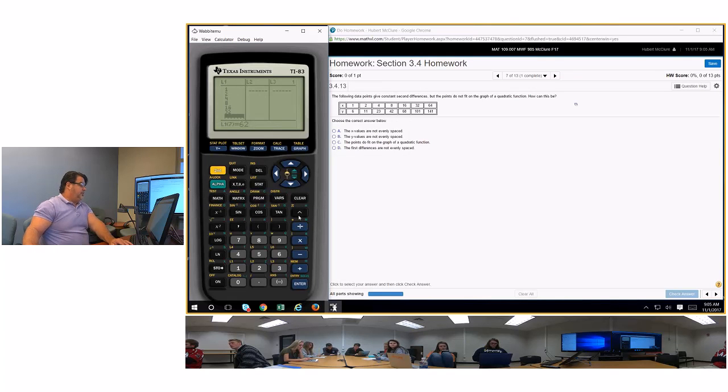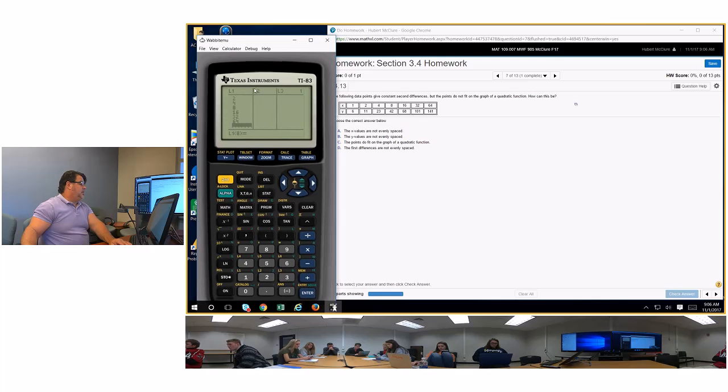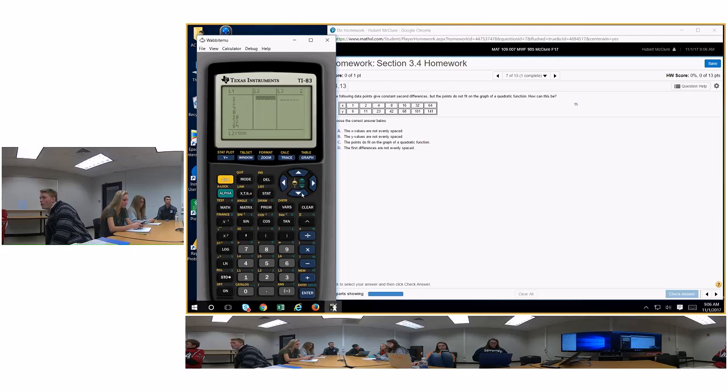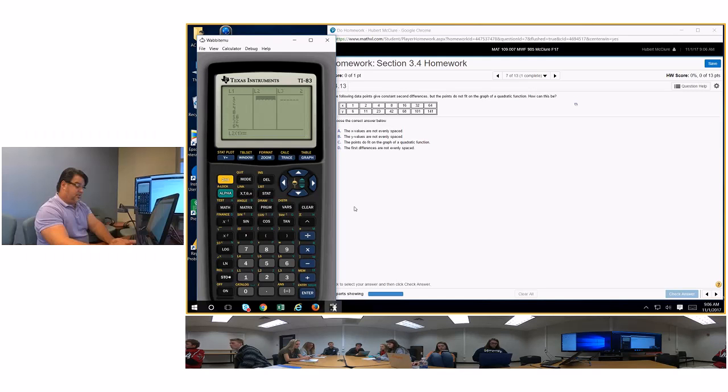I can't use the backspace button. Hold on a second. 64. And then 6, 11, 23, 42, 68, 101, and 141.